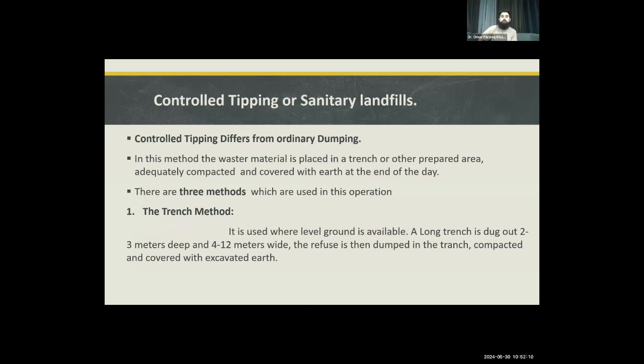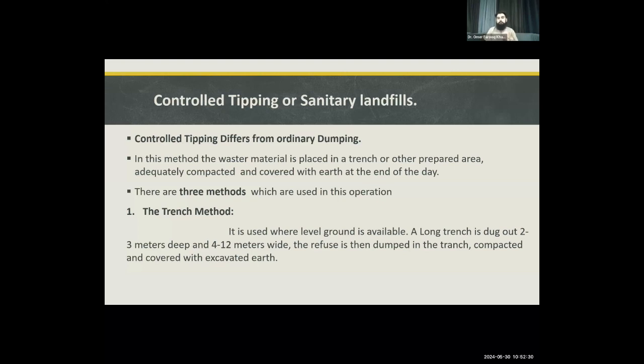Okay. So there is another method called controlled tipping or sanitary landfills. Controlled tipping differs from ordinary dumping. In this method, the waste material is placed in a trench or other prepared area of land, adequately compacted and covered with earth at the end of the day.